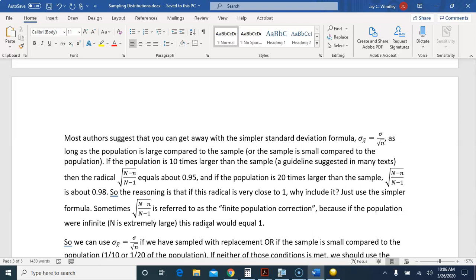The reason for that is if the population is 10 times larger than the sample, then this radical is 0.95. And if the population is 20 times larger than the sample, then this radical is about 0.98.